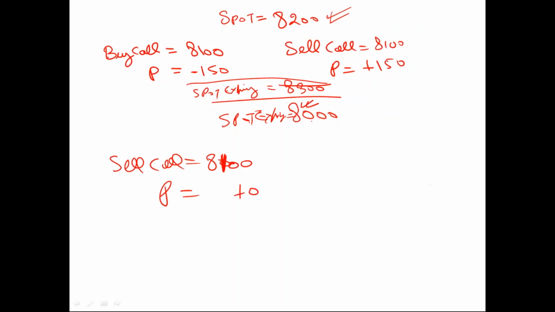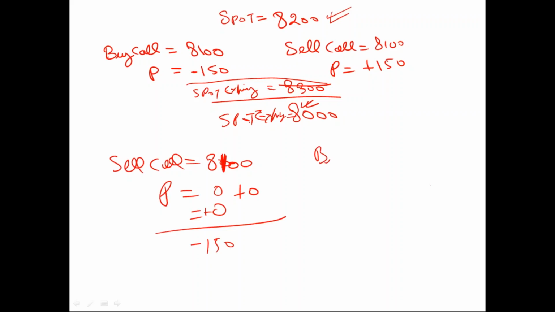The spot was 8,000 and the strike was 8,100, so spot minus strike will be minus 100. Minus 100 cannot be a premium. Intrinsic value cannot be negative, so it will be as low as 0. So the premium is 0, and you receive 0. You paid 150, so 150 is your entire loss.